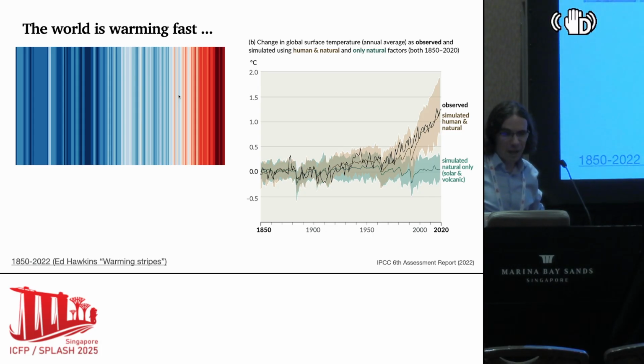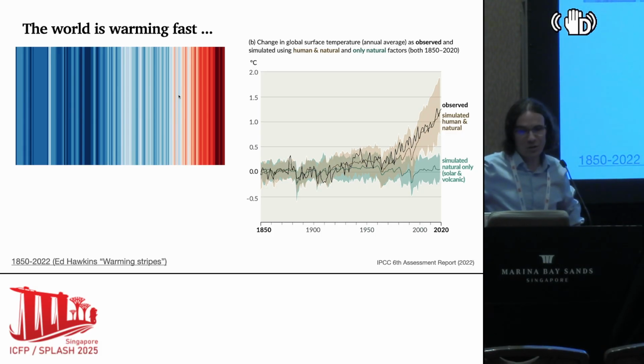So a bit of context, I won't spend too long on this, but we know that the world is getting a lot hotter and quite quickly as well. The aggregate of our understandings in climate models, in all of our simulations, has tracked very closely with the observations in terms of global mean temperature.